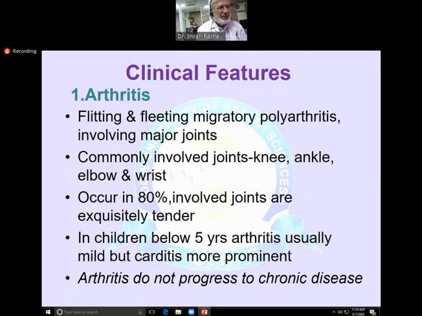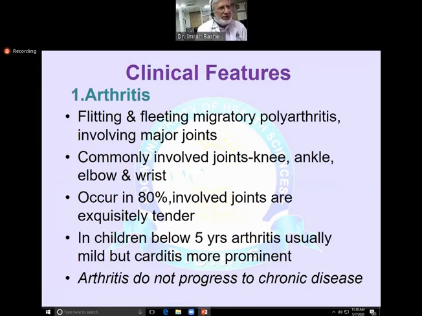The patient complains, "Sir, first of all I have pain in my right knee joint, and that lasted for 2 to 3 days. When it started decreasing and the pain gradually settled, I noticed that my left ankle joint has started developing swelling, redness, tenderness, and after a few days when it settled, I found that my right elbow joint has started getting swollen, red, tender."